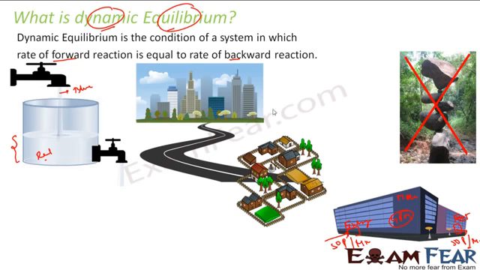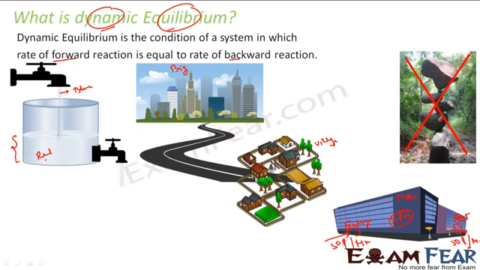One more example I can take is, let's suppose there's a big city and there's a small village here. A lot of people travel from here to there for work, right? A lot of people from the village travel to the city. This is the corporate life, a lot of offices there. This is a place where people stay.